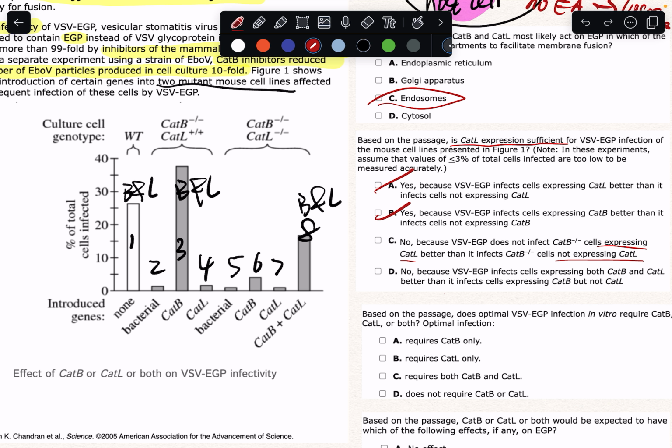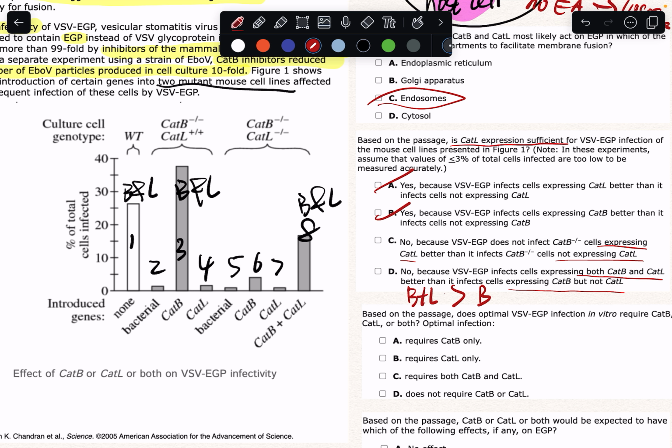I mean, what about D? D, I would read no, because VSV EGP infects cells expressing both cat B and cat L better than it infects cells expressing cat B only, but not cat L, okay? So D is saying I need to have both B plus L to do a better job of infecting more than just cat B does.